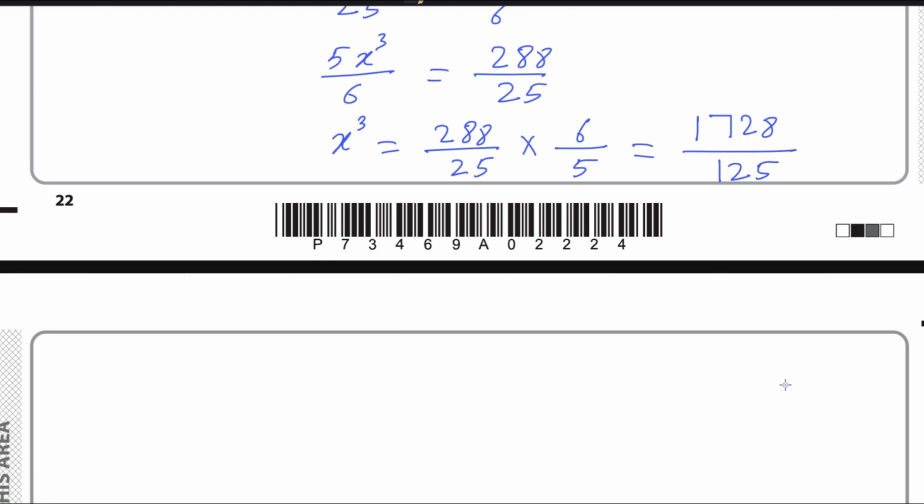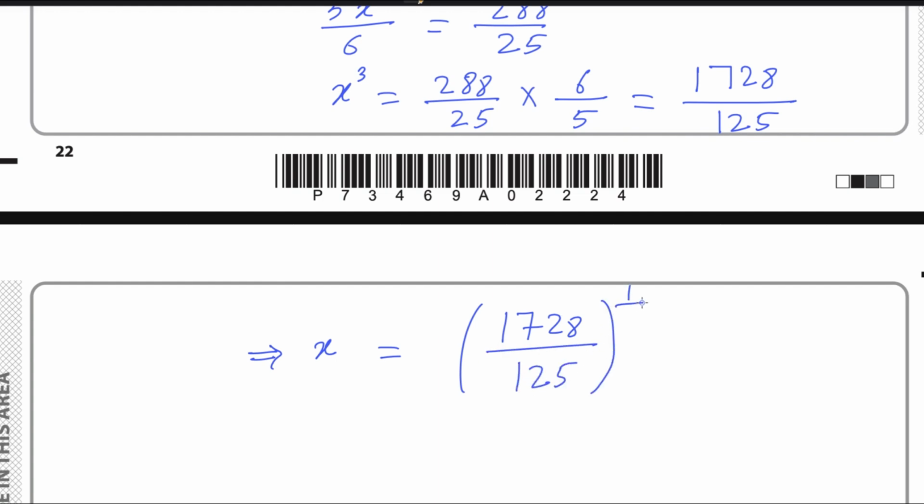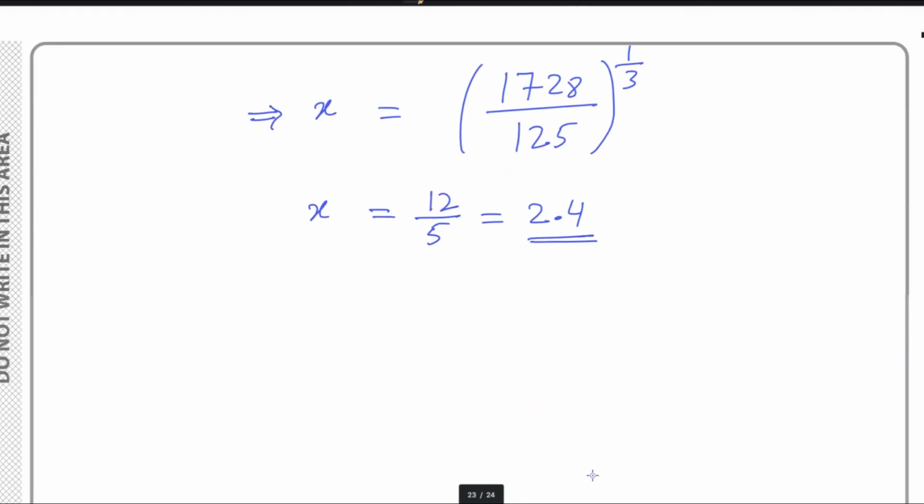Because we want the value of x, you must take the cubic root to get rid of the cube. This implies the cubic root of 1728 divided by 125, or the power of 1 over 3, cubic root could be written like that. The answer for x is 12 over 5, and you can write in decimal as 2.4. So 2.4 is the answer for this question. The unit is centimeter, so you can write centimeter here.